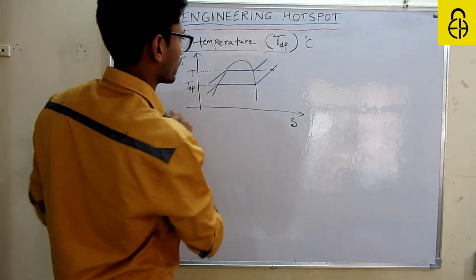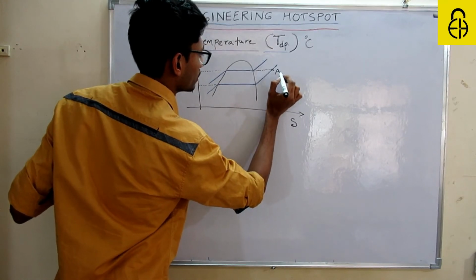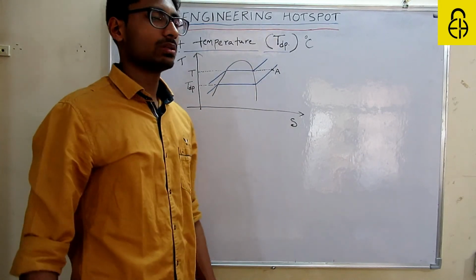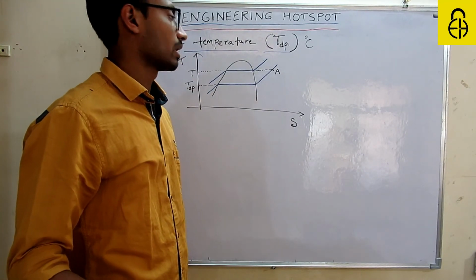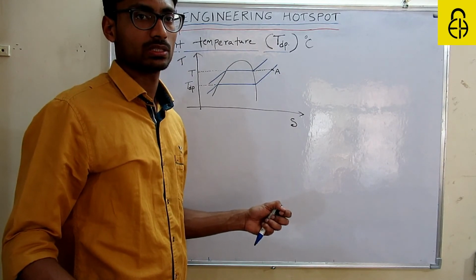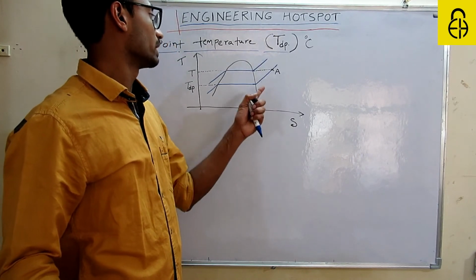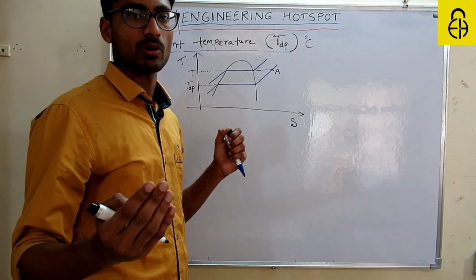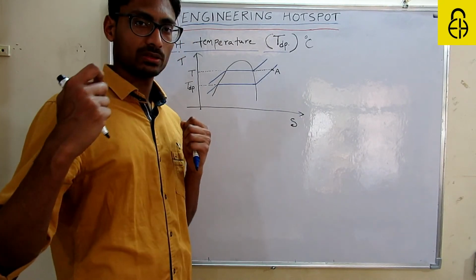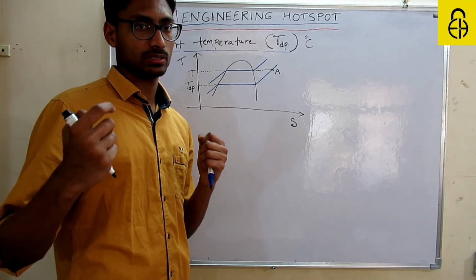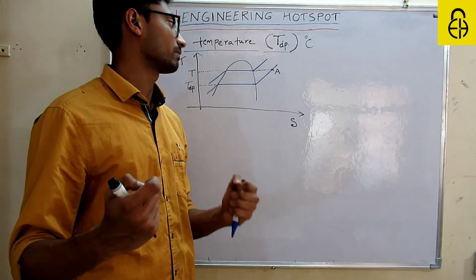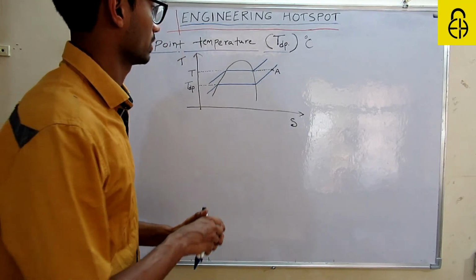Mark this point as A. Now, what dew point temperature says is, when you cool an unsaturated sample at constant pressure, then you will reach a point where the first droplet of dew is formed. The point where the first dew or droplet is formed, that temperature is known as dew point temperature.